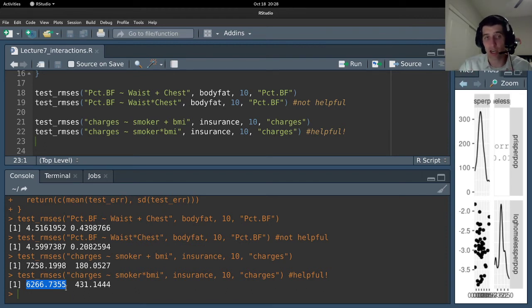You could probably tell that it was a little easier for me to explain that one, which is one hint that it's probably more intuitive for people to understand and might hold through the data more. What we see is that including the interaction term helps our model, and that is because the relationship between BMI and charges to the insurance firm is different depending on whether or not the individual is a smoker.